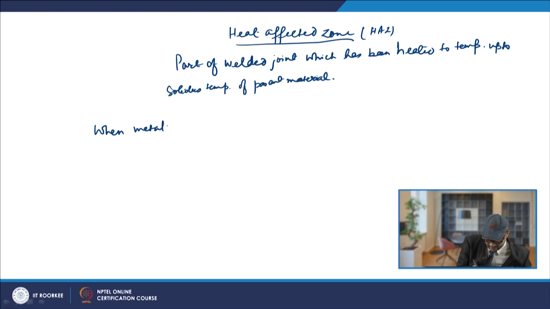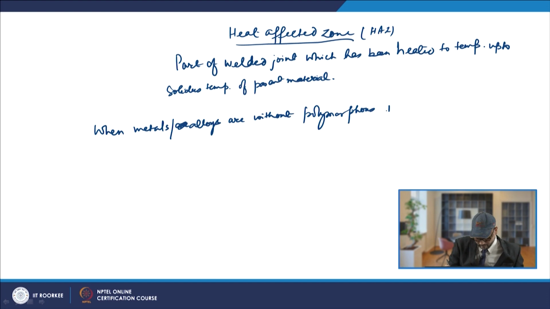When metals or alloys are without polymorphous transformation, the macrostructure in the HAZ will not be altered. In metals where the polymorphous transformation takes place, the crystal structure changes.